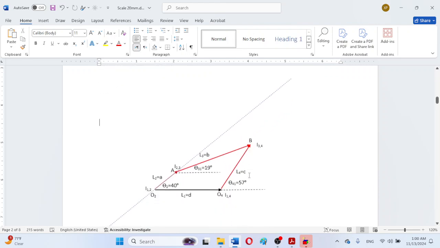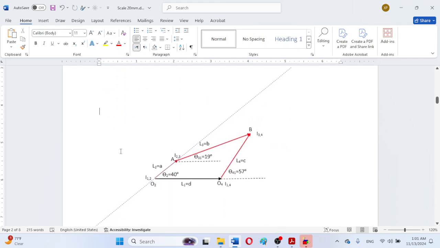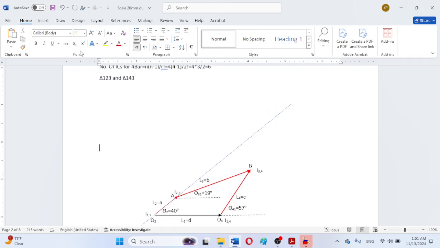The third instant center, which directly connects link number 1 and link number 3, will be located on the extension of the line connecting these two instant centers.